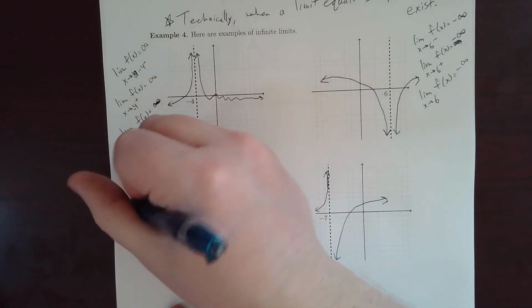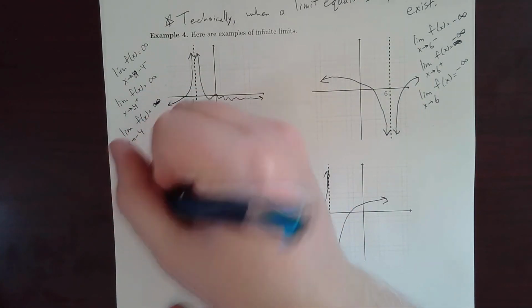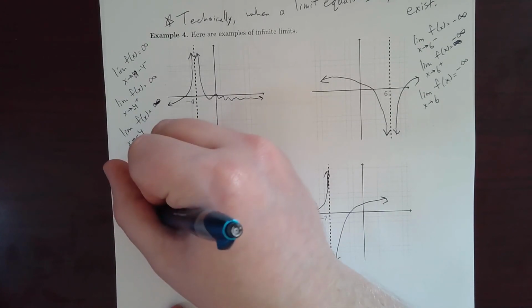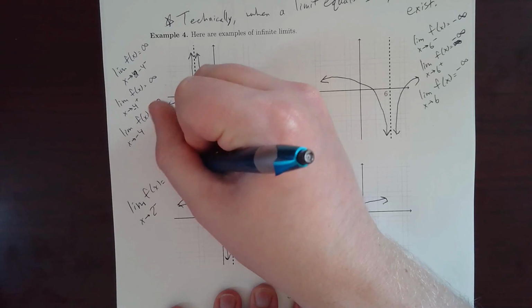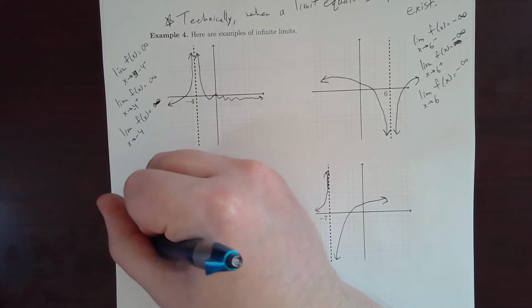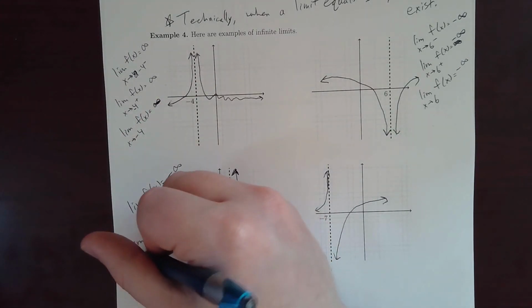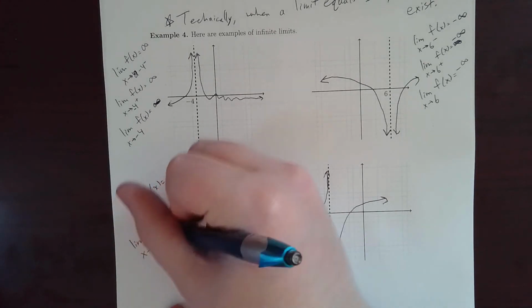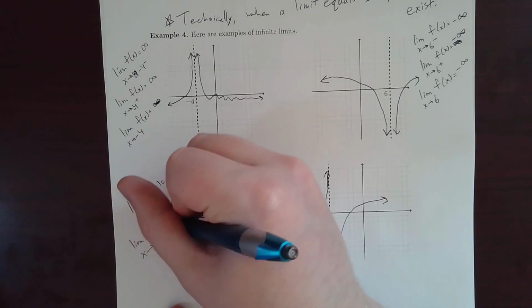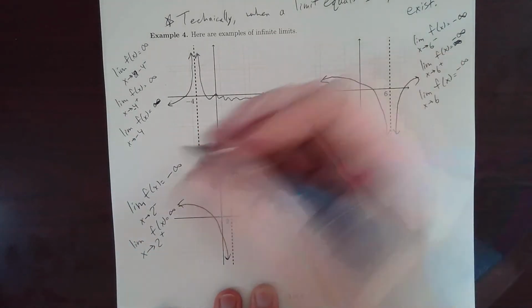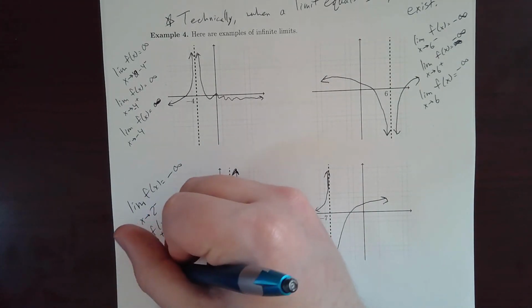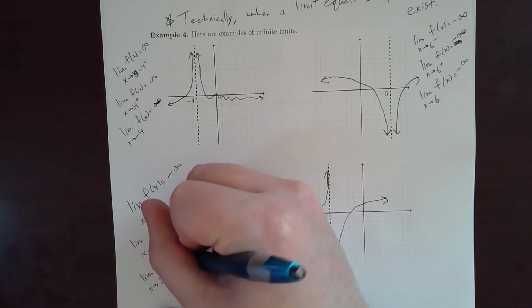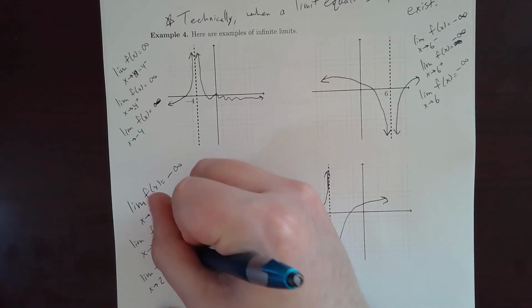So here, for this graph, we would say the limit as x approaches 2 from the left of our function is negative infinity. However, the limit as x approaches 2 from the right of our function would be positive infinity. And so that would mean, of course, that the limit overall does not exist.